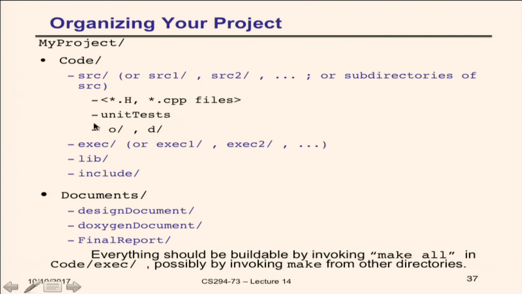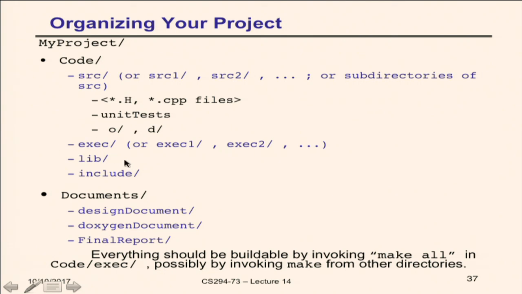Here's something we haven't done yet: a separate parking space for .o files and .d files. For .d files in particular, it's a very useful thing to have. You'll see that in homework 4. We'll show you how to do that in Make.